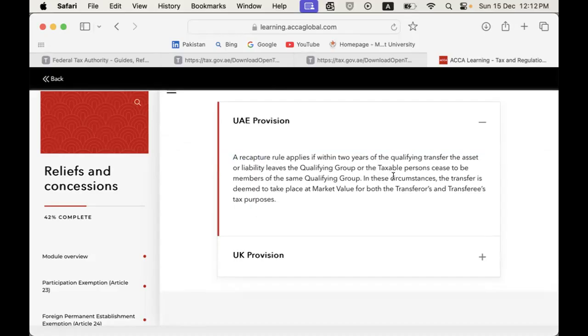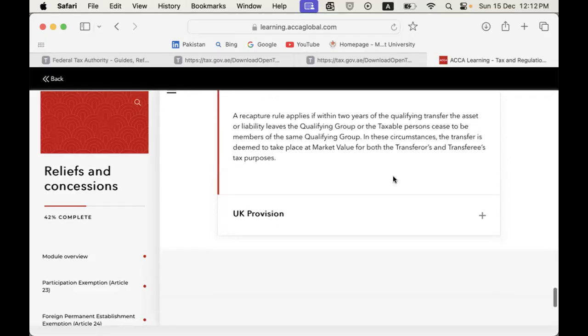We did not book a gain at the time of transfer of assets within qualifying group, but that asset was later on further disposed of by the buying party, right? Within two years time. So if that happens, then the original seller will need to book the gain as a taxable component of income.